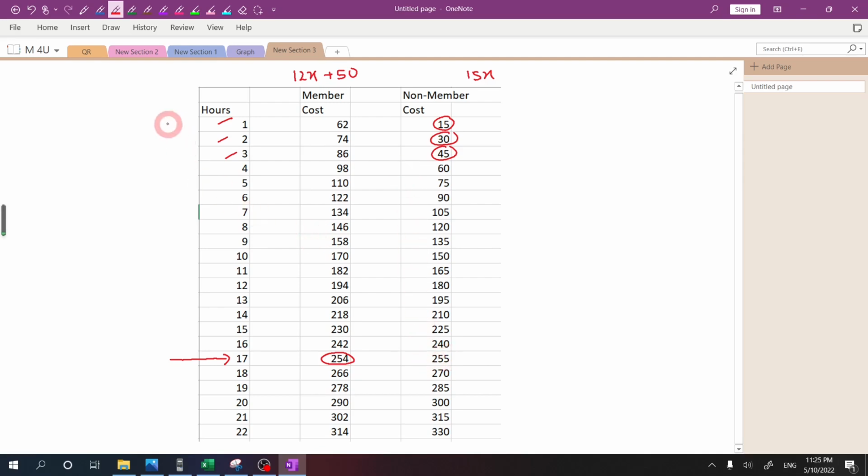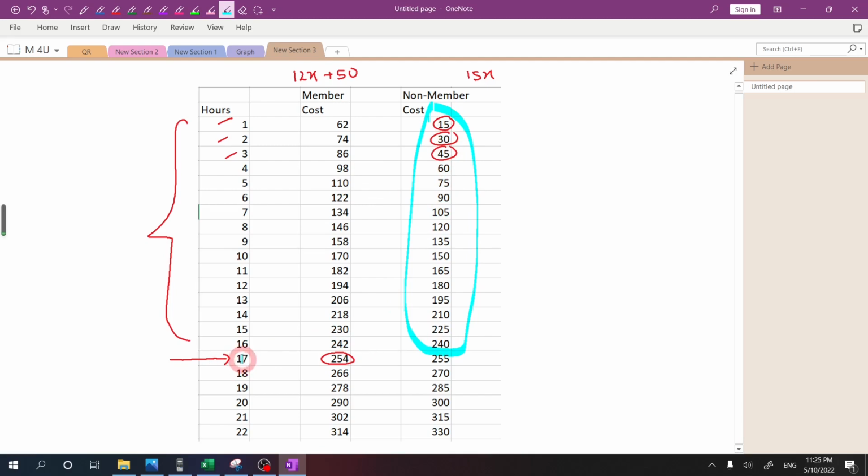This tells us that if you just want to rent for 1 hour, 2 hours, 3 hours until 16 hours, you actually don't have to join member. All this are less than this, right? Let me check correct or not. Yes, correct. Until here.